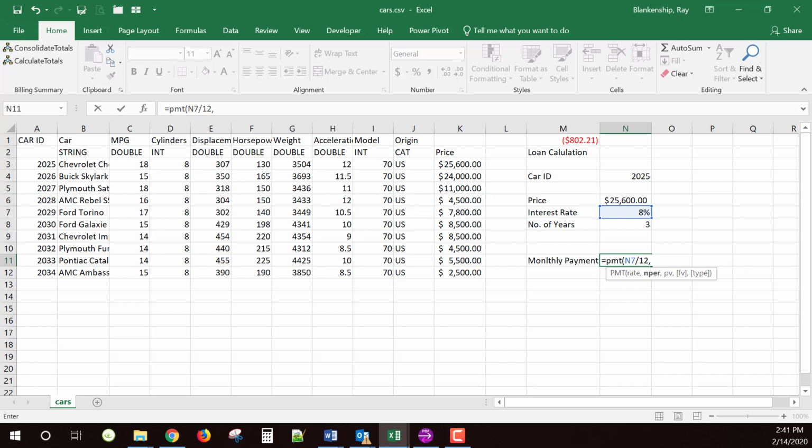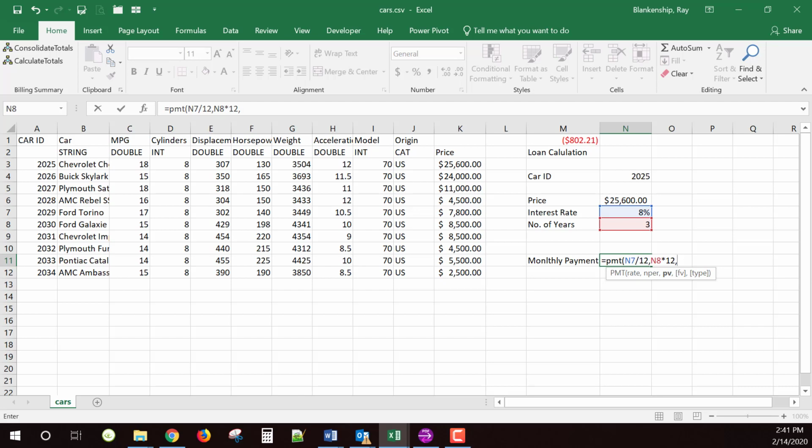The number of periods is always going to be in monthly terms, if that's what our monthly payments are instead of yearly payments. So we're going to have to use this value, and we're going to have to multiply that by 12 because there would be 36 payments there. So that's where the multiply by 12 is.